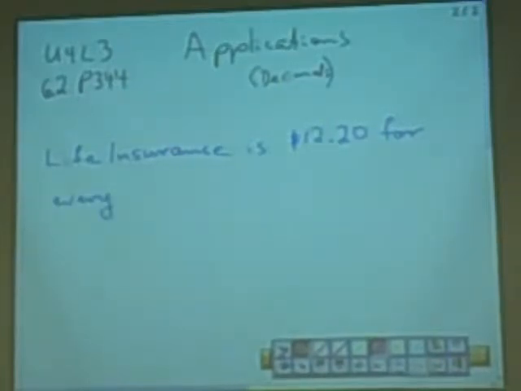If we have, let's say, a life insurance rate of $12.20 for every $750 worth of insurance. $12.20 for every $750 worth of insurance.